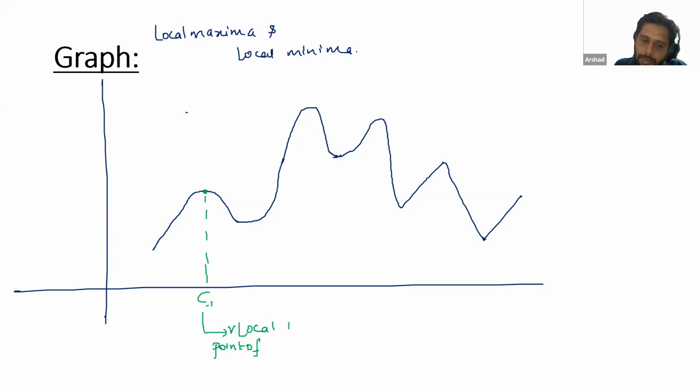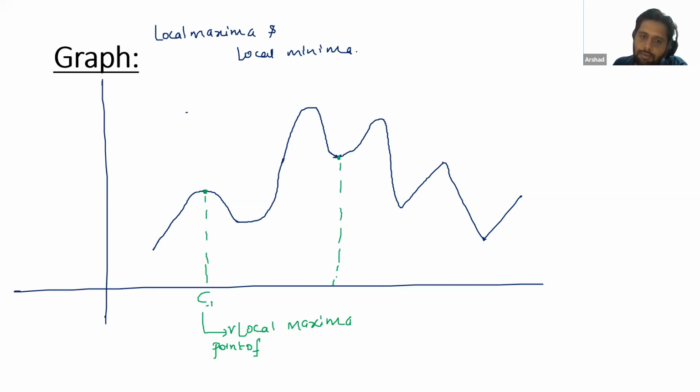Please remember, local maxima is not the maximum value of the function. At the point of local maxima, you do not necessarily have the maximum value of the function. As you can see, this is local maxima. Now we will analyze this point.